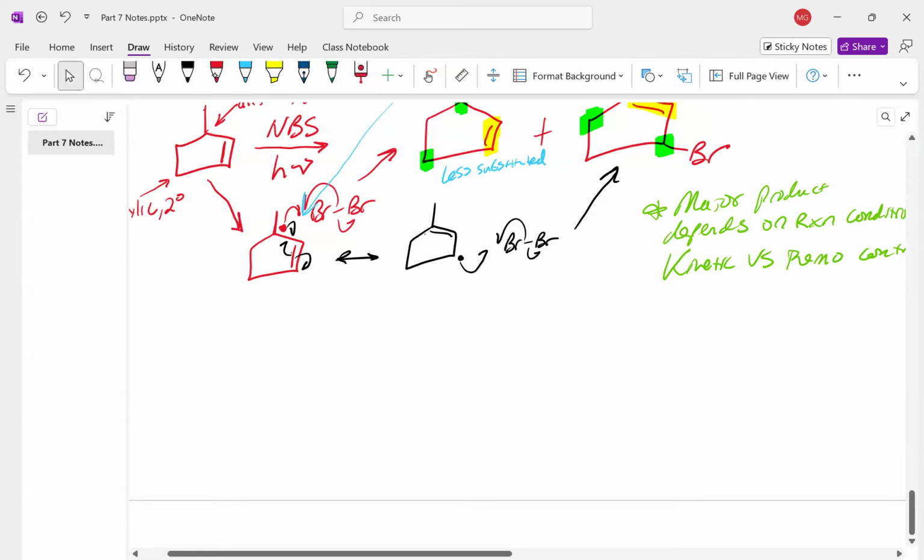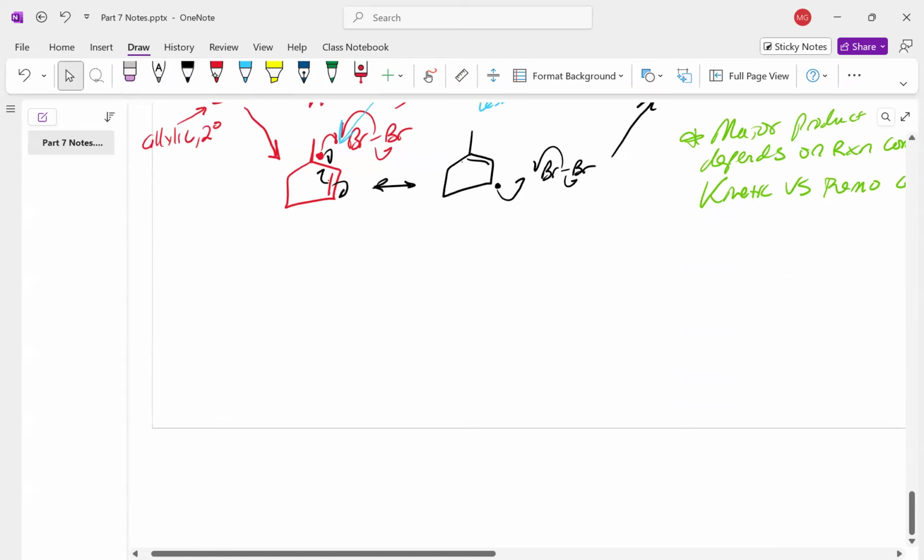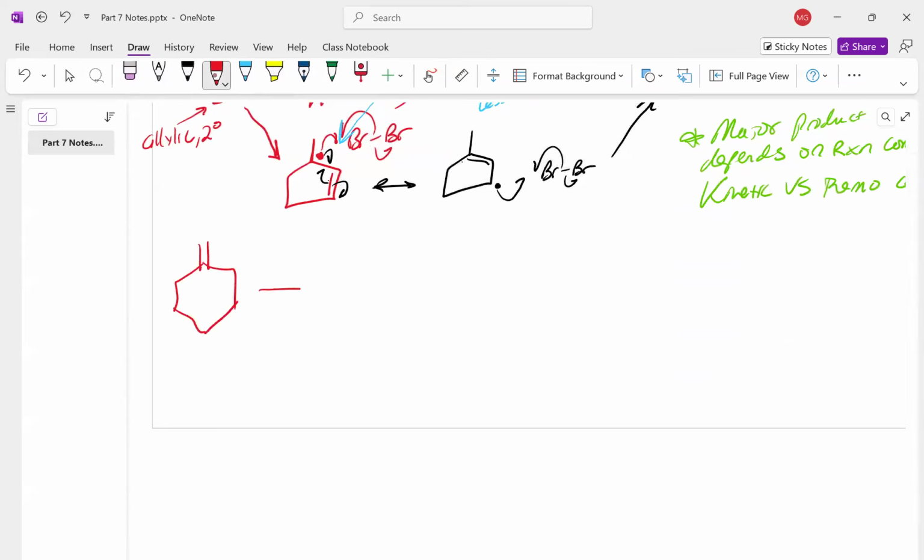Okay, let's do another example of this. So let's look at this alkene, and we're going to react it with NBS and light. Okay, so number one, you have to figure out where the bromine is going to go.